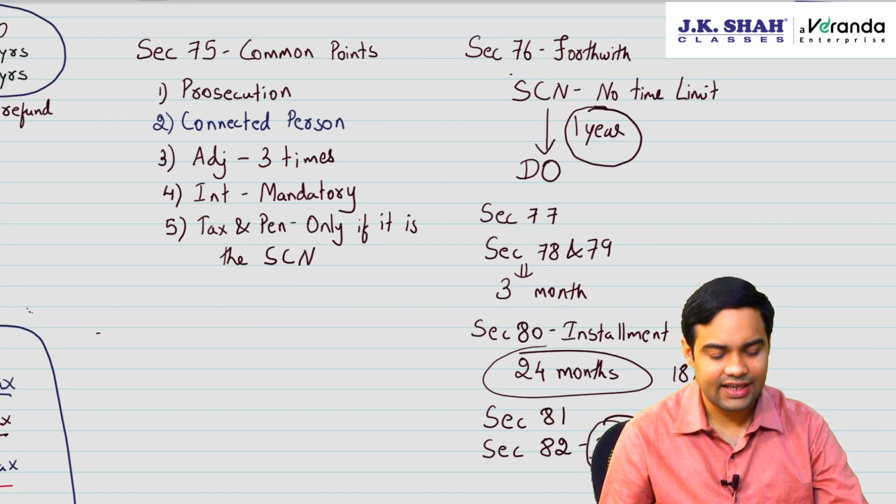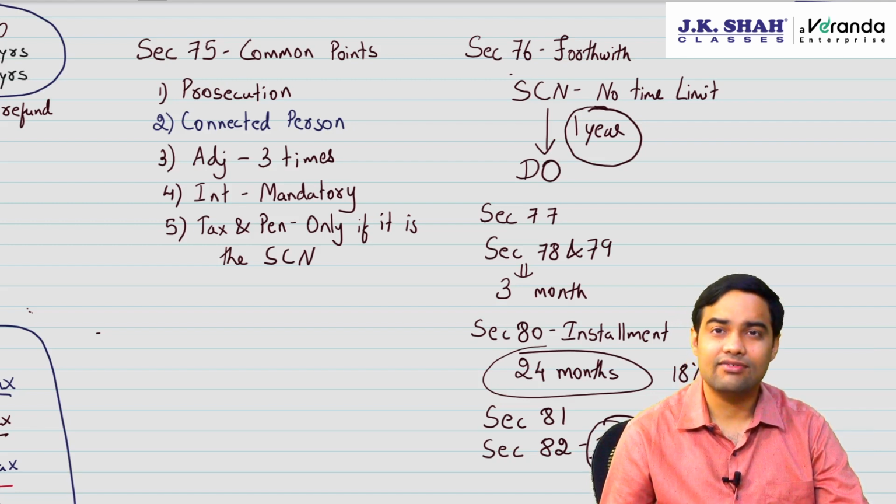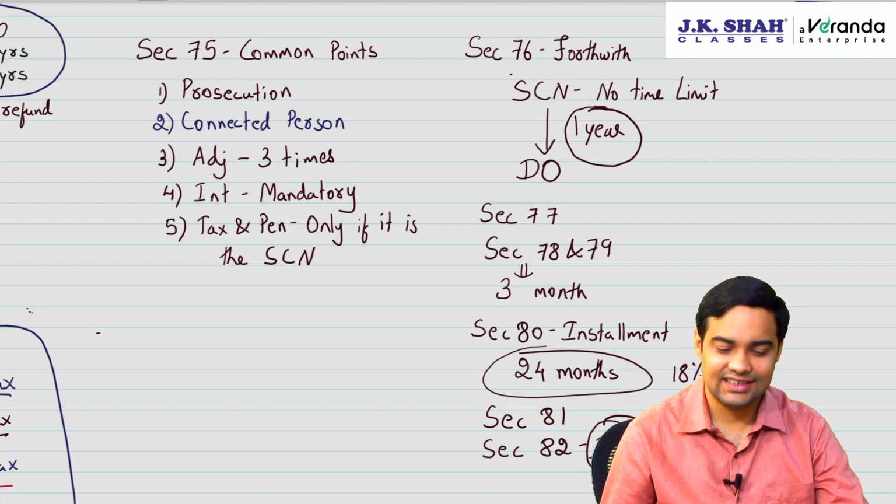It's mandatory. Tax and penalty only if mentioned in the show cause notice. Plus, don't forget one thing, if there is a self-assessed tax which I have not paid, that is also mandatory. Like if there is a mismatch between 1 and 3B, it's a self-assessed tax, direct recovery can happen. We had also learned this while discussing the returns chapter, rule 88C.